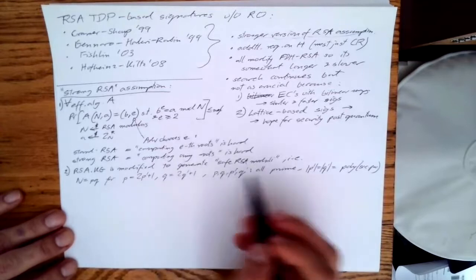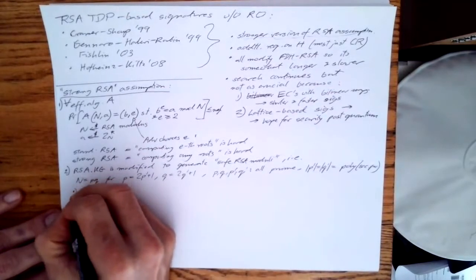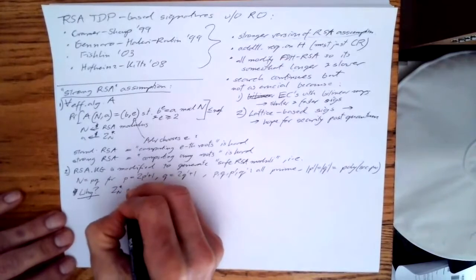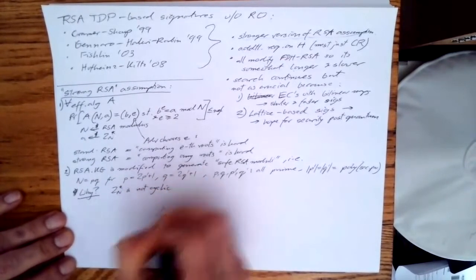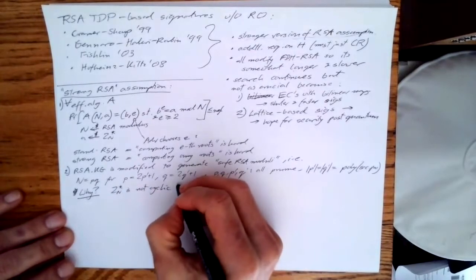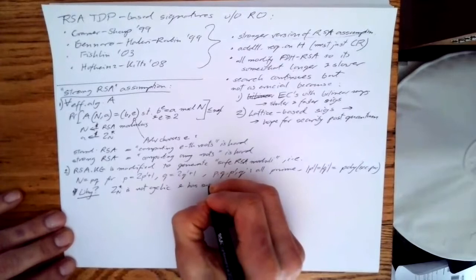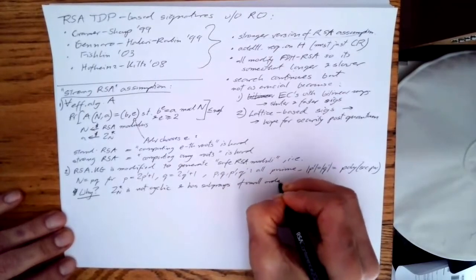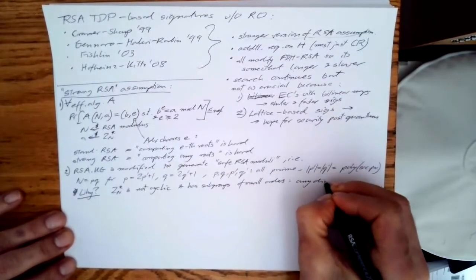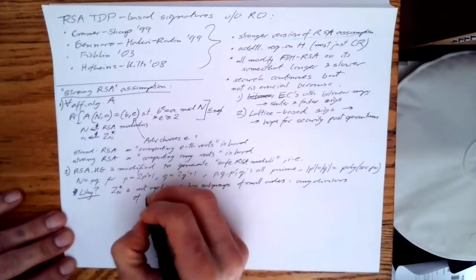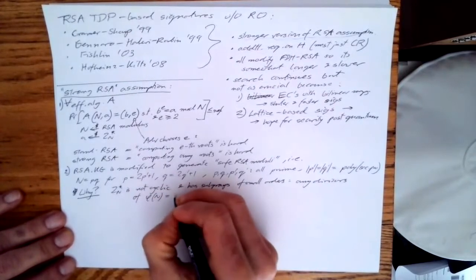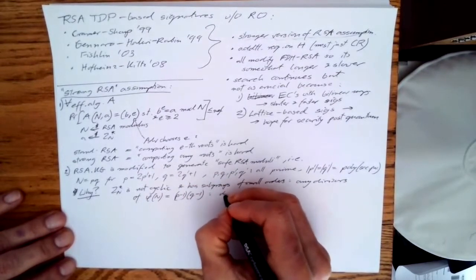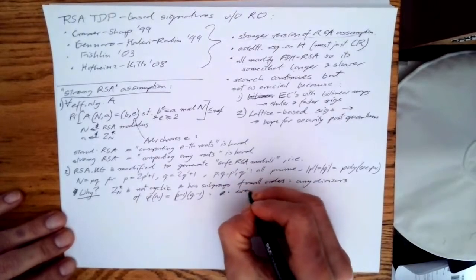Okay, why these safe RSA moduli? So the point is that Z_N star is not cyclic and has subgroups of small orders, any divisors of phi of N, which is P minus 1, Q minus 1, which is, first of all, even.